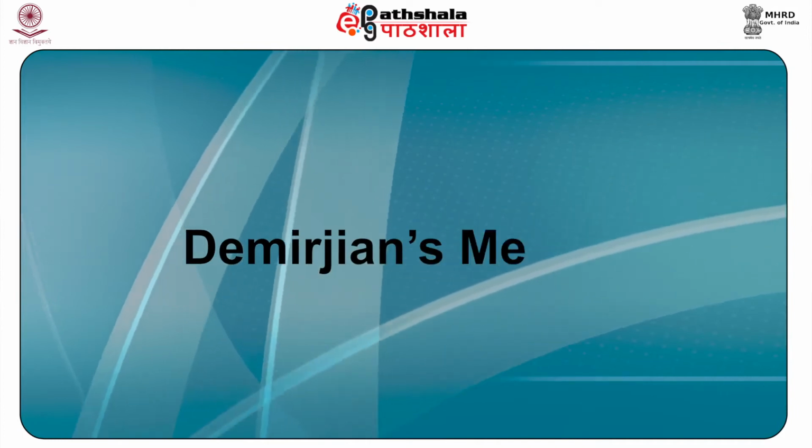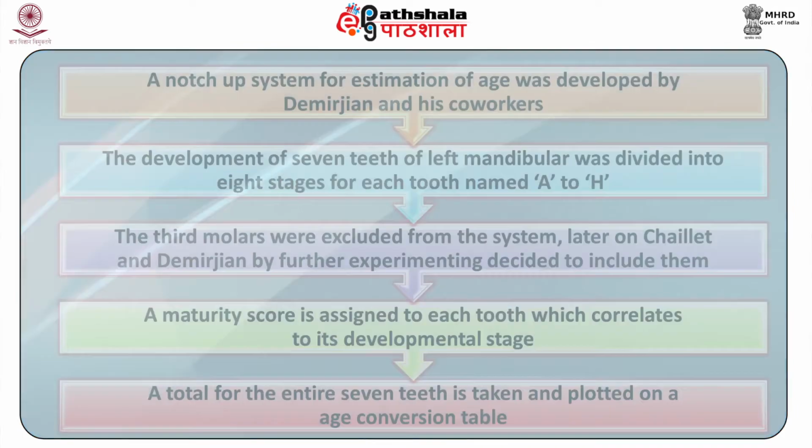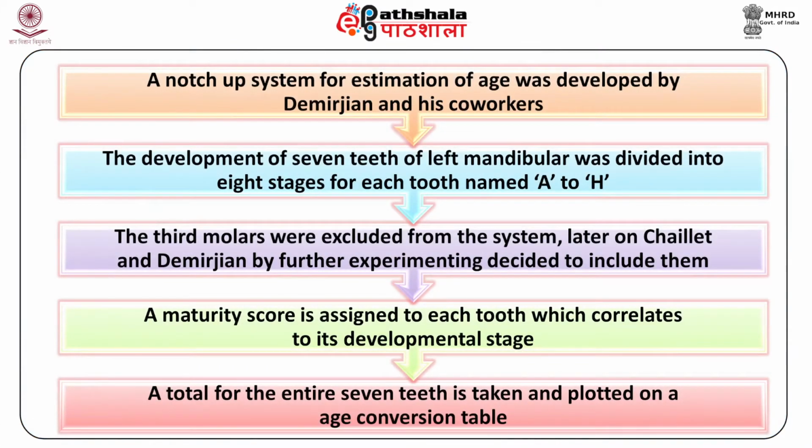Next is Demirjian's method. A notch-up system for the estimation of age was developed by Demirjian and his co-workers. The development of 7 teeth of the left mandible was divided into 8 stages for each tooth, named A to H. Here the third molars were excluded from the system, and later on Chaillet and Demirjian, by further experimenting, decided to include them.